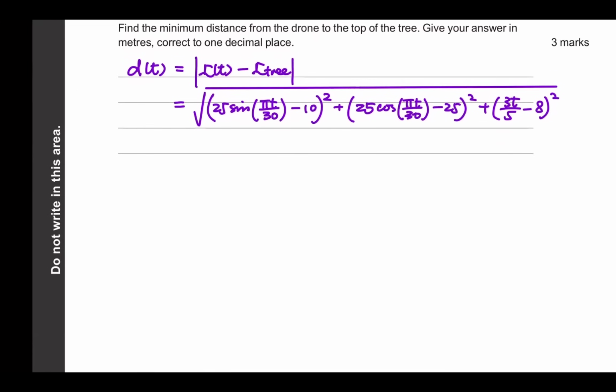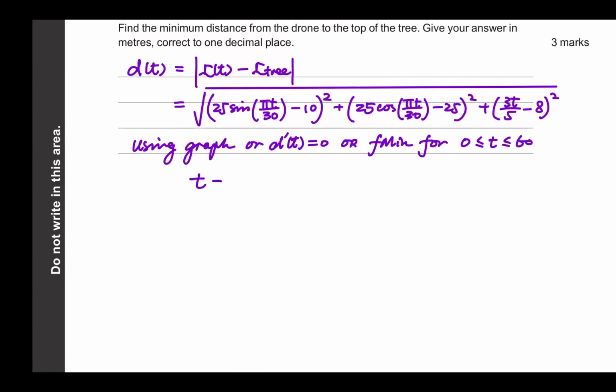Then you say, using graph or d dash t equals to 0, or if you wish, you use fMin for t between 0 and 60. Your t value is what? Your minimum distance is what?